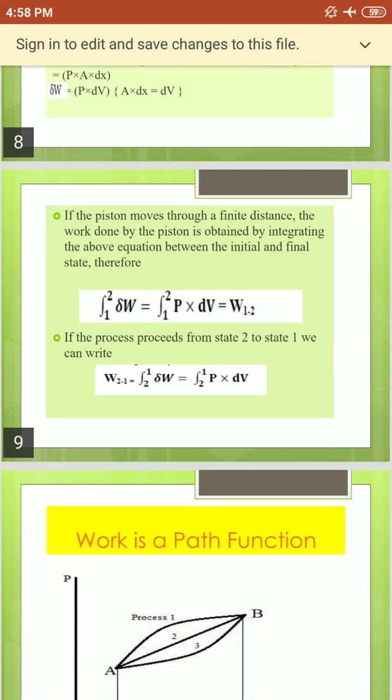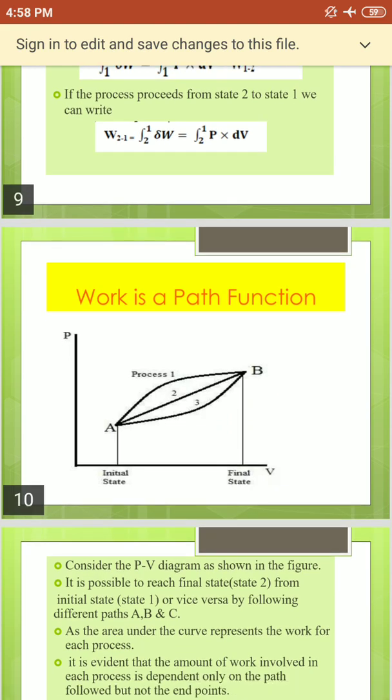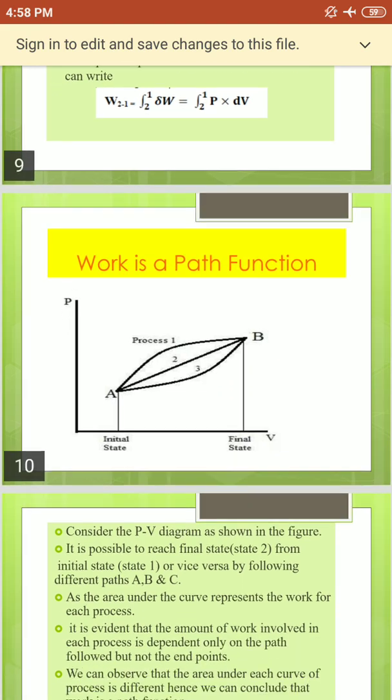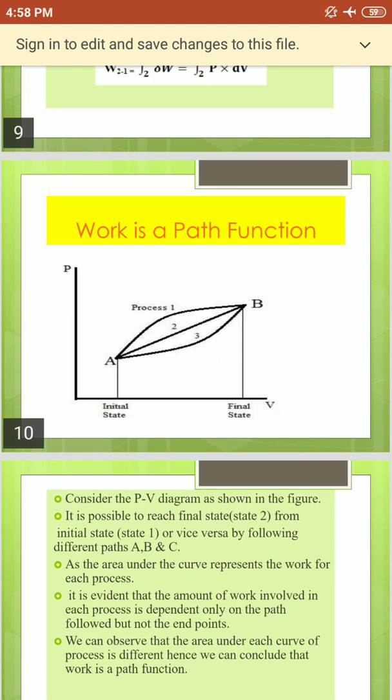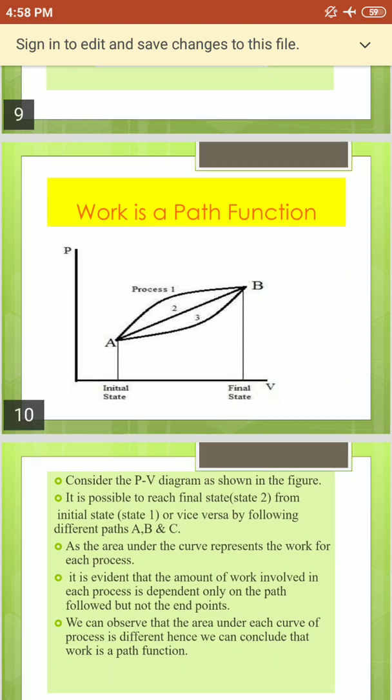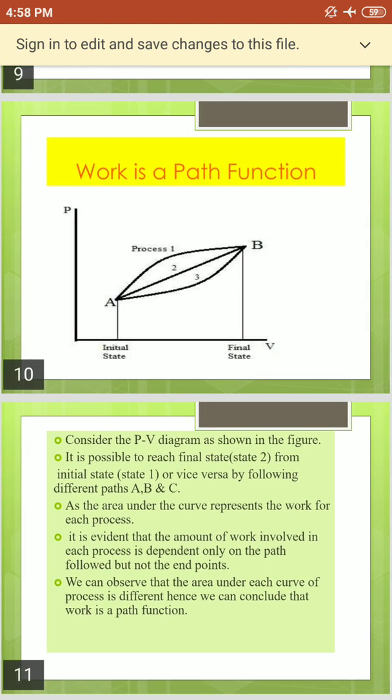Next, in the exam, to show that work is a path function, you have to draw the sketch, the PV diagram, pressure along the y axis, volume along the x axis, and mark points A and B. Then mark the paths 1, 2, 3.